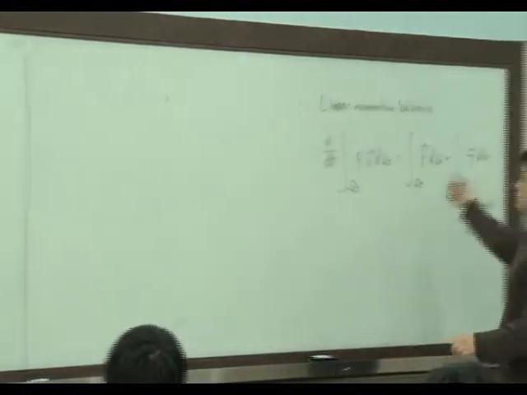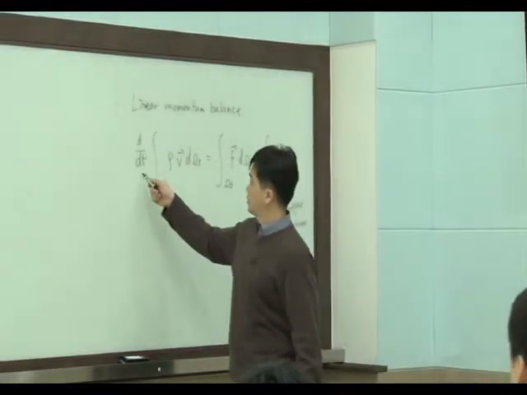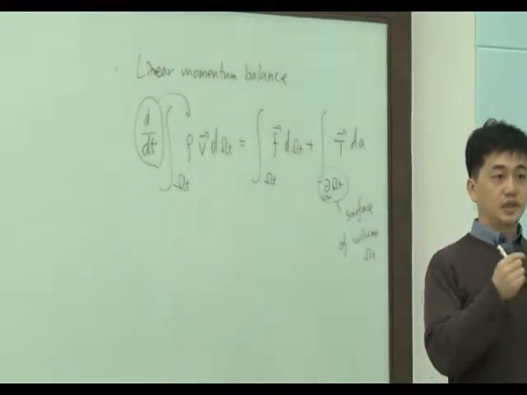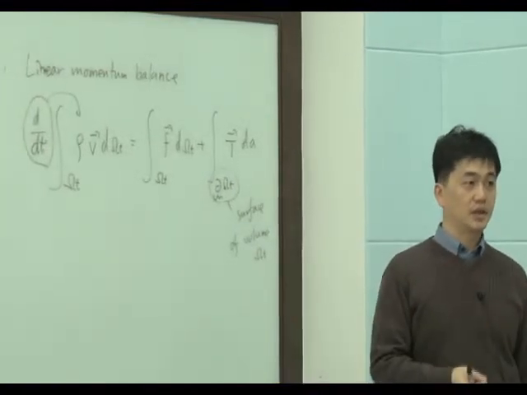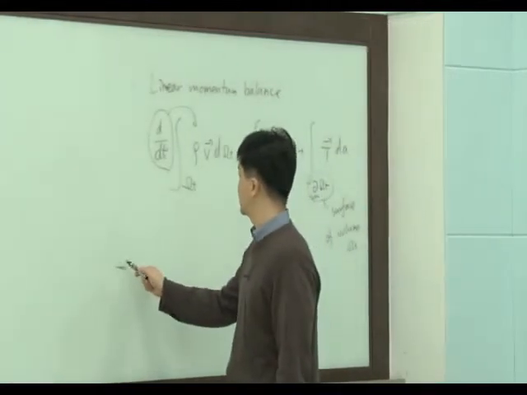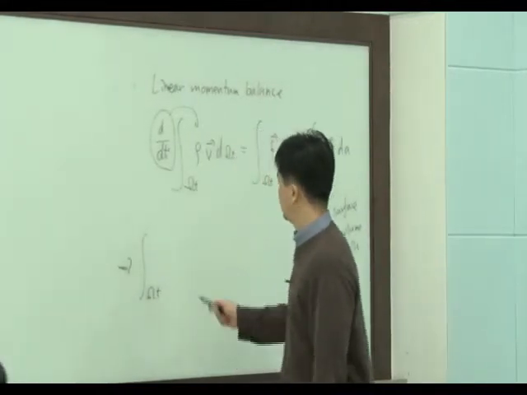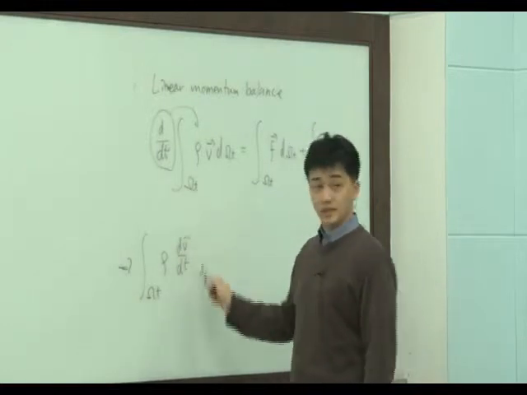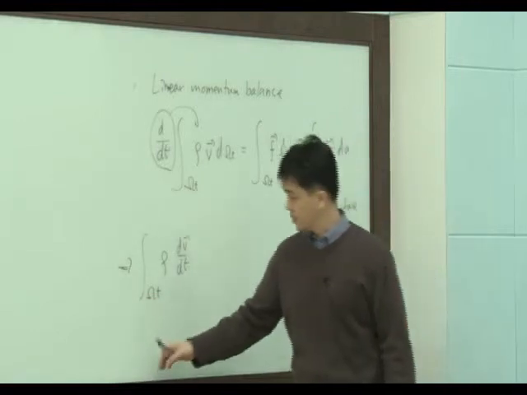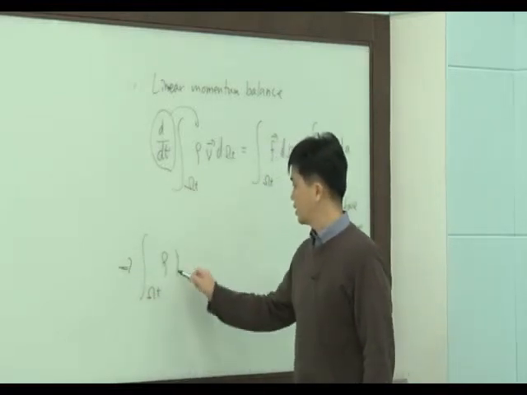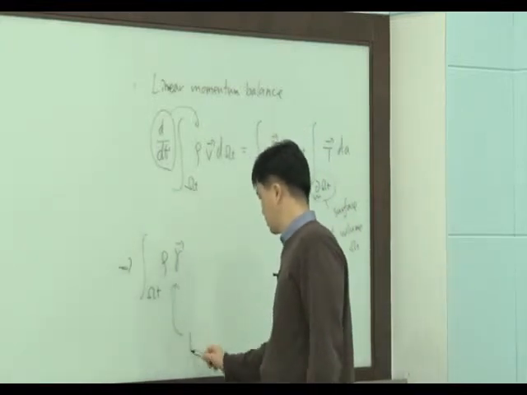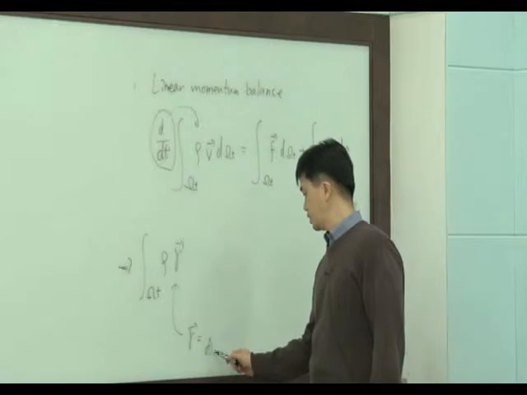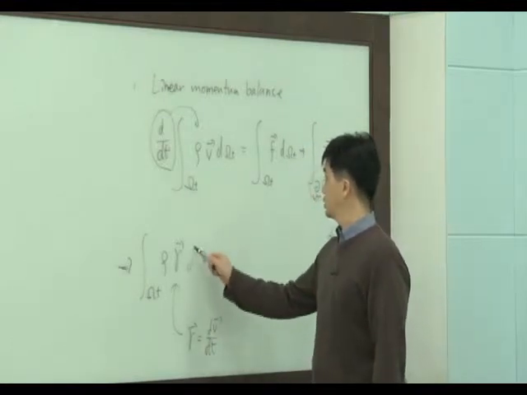So let's look at the first equation over here. If we move the derivative inside, and the density doesn't change with time, then we have the integral over omega t of rho dv/dt. This is the acceleration, so I'd like to call it gamma, where gamma equals dv/dt.